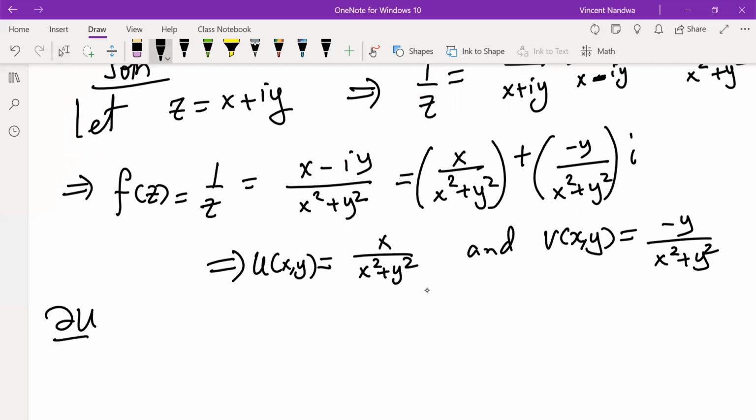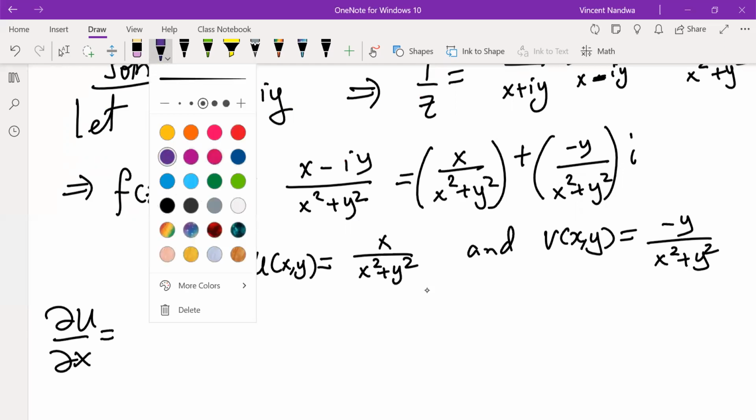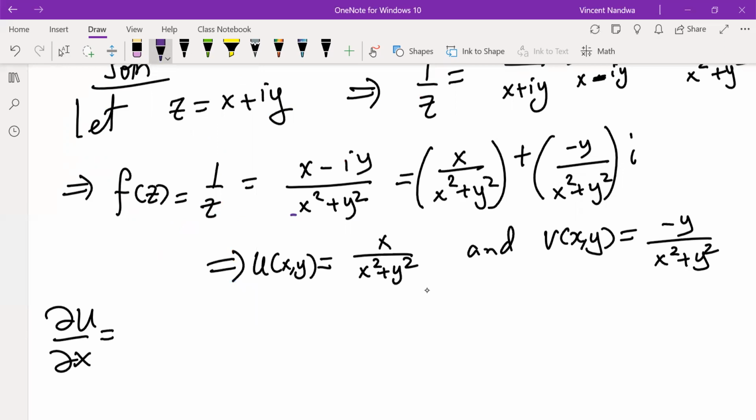So partial u, partial x. Now we are going to use the quotient rule. So let this one be u, this one be v. The quotient rule is u prime v minus v prime u over v squared. So u prime is 1.